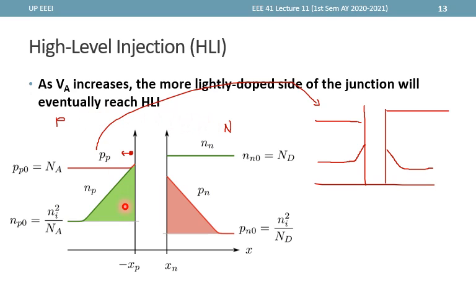So instead of getting more current, this sloping here produces a current that counteracts the original forward current, and that's why we get a slightly smaller current when we enter this high level injection bias range.